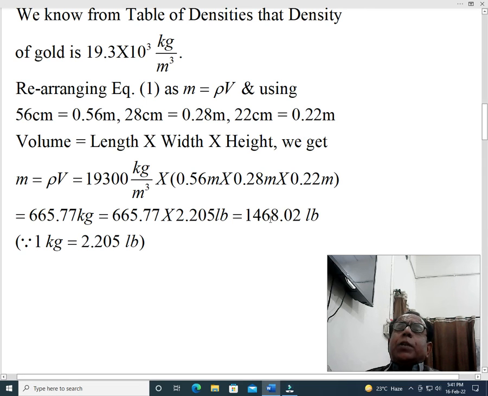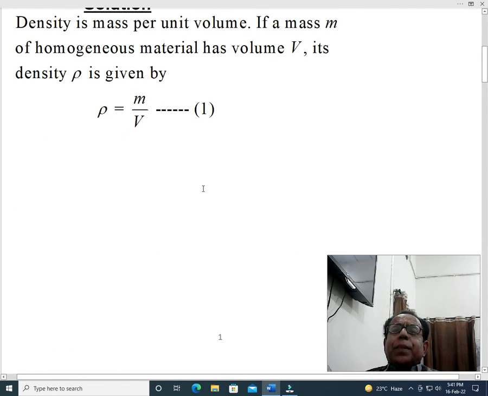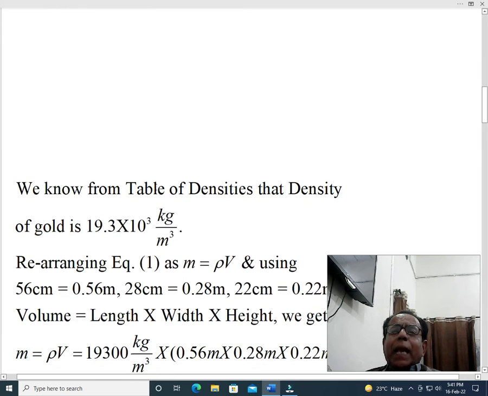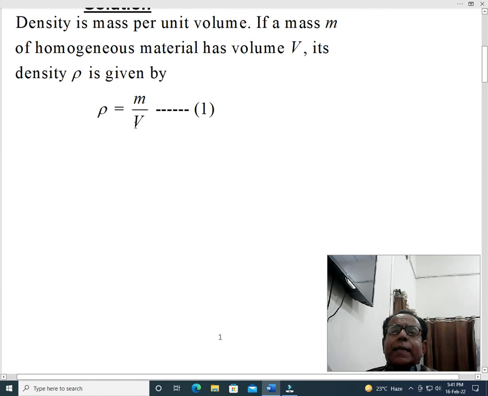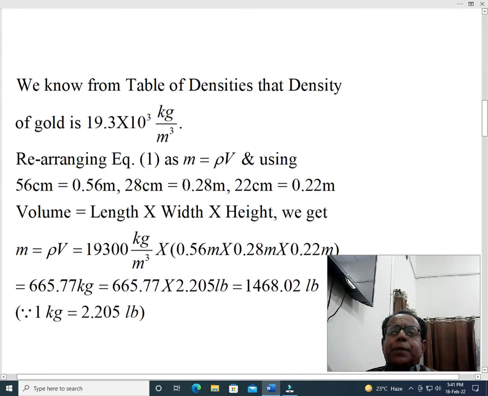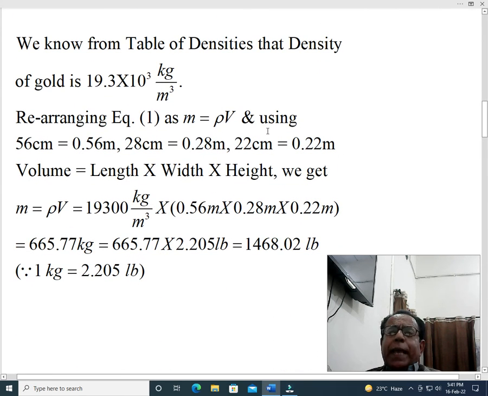Rearranging equation number 1 as m equal to rho V. M will be kept on one side and rho into V will be multiplied, as m equal to rho V, and using 56 centimeter equal to 0.56 meter as I have already discussed, 28 centimeter equal to 0.28 meter, 22 centimeter equal to 0.22 meter. Now volume is equal to length into width into height.